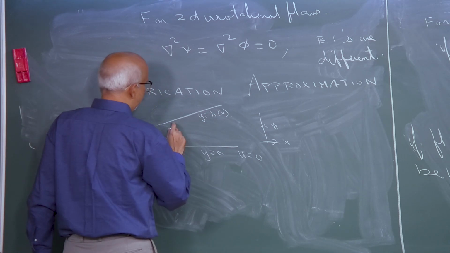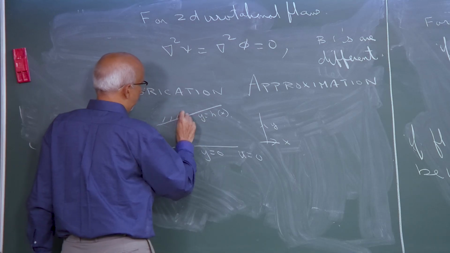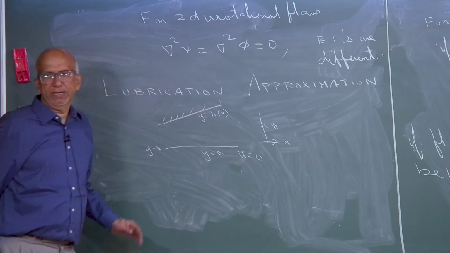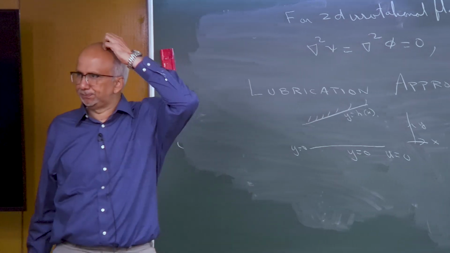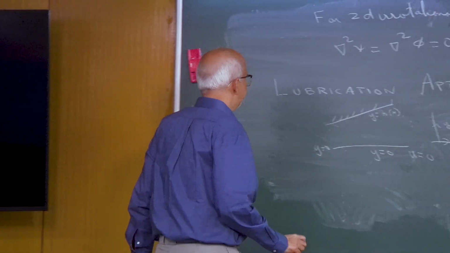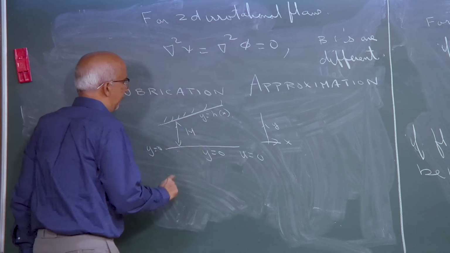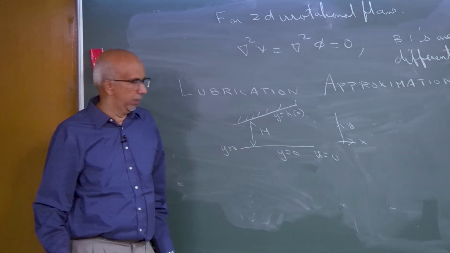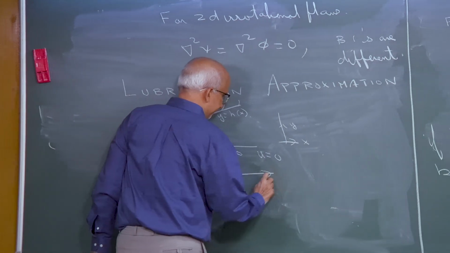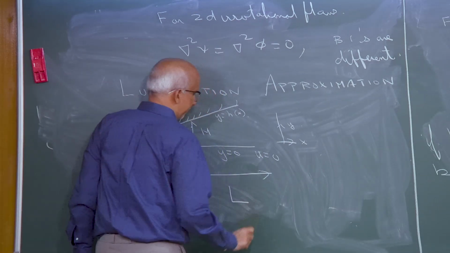This is also a solid wall, but it is not y equal to constant. The idea is this: the length scale in the y direction is h, the length scale in the x direction is L.